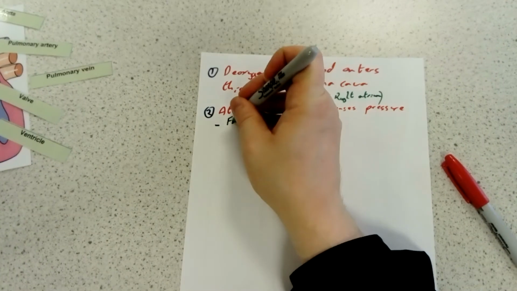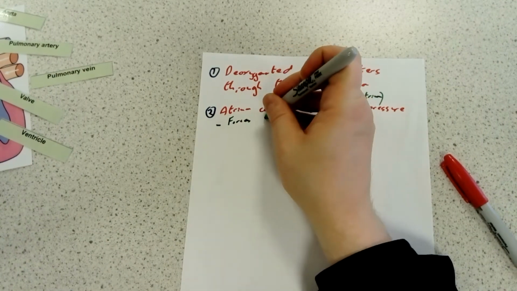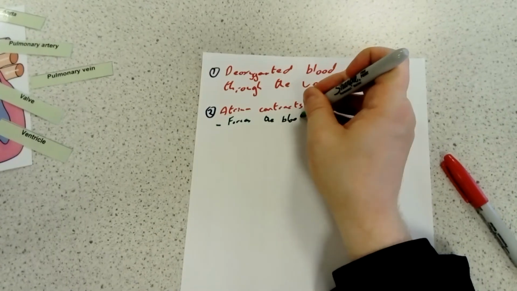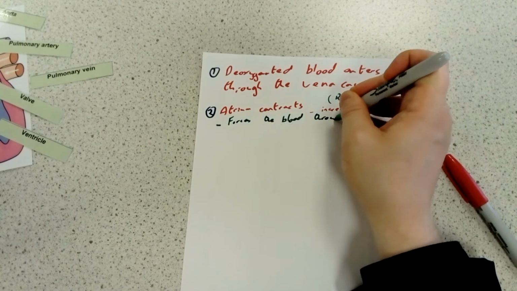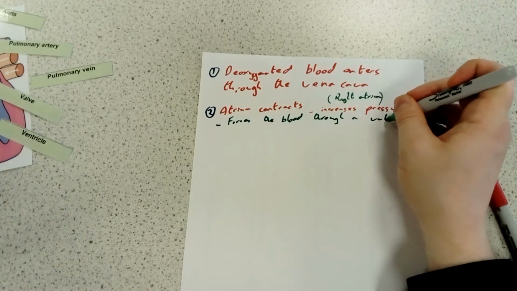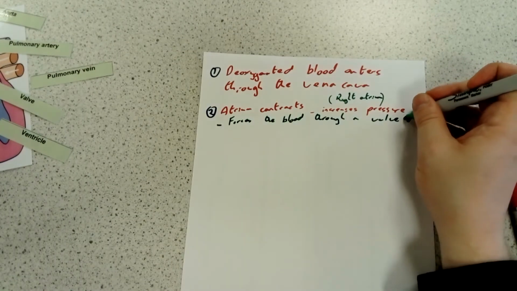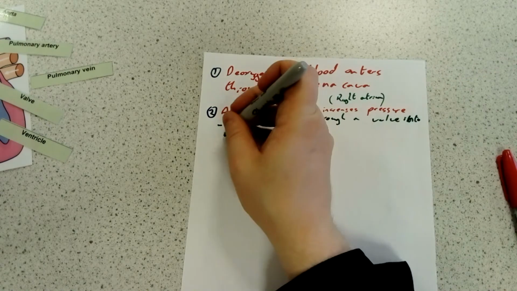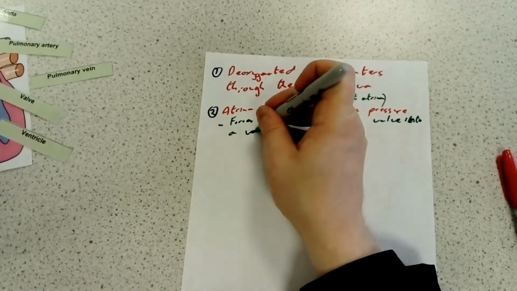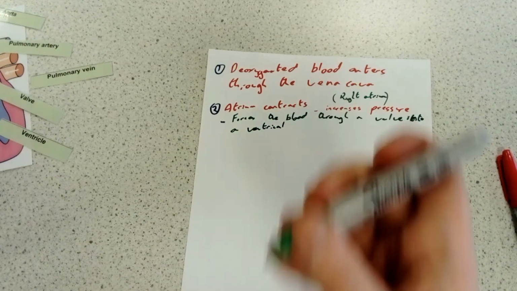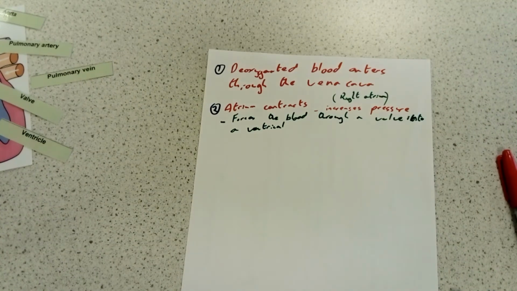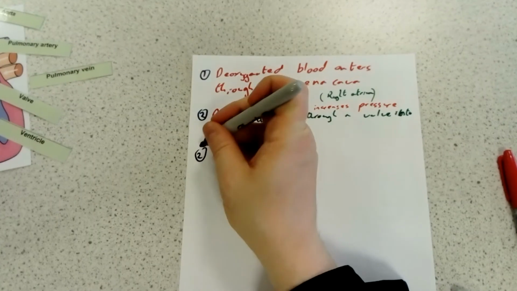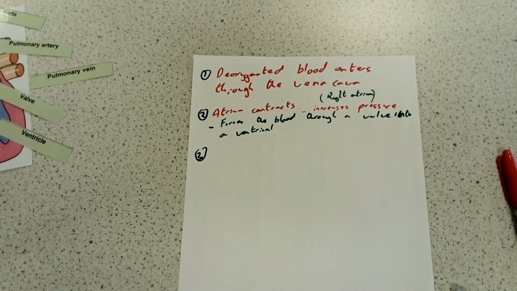Which forces the blood through a valve into a ventricle. So the blood's being forced from the atrium where it's entered. Because we've increased the pressure, it's forced that valve open and it's gone into a ventricle.